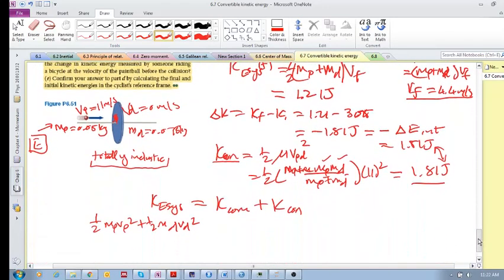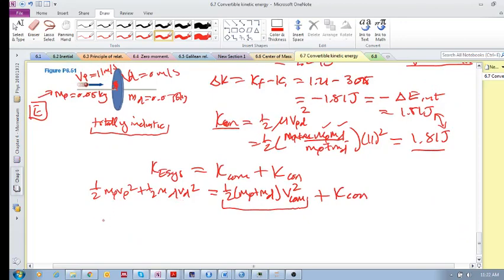That's the total amount of kinetic energy in the beginning. And then what is this? This would be half the sum of the inertias times the velocity of the center of mass squared. This is the non-convertible kinetic energy. And then this is the convertible kinetic energy.